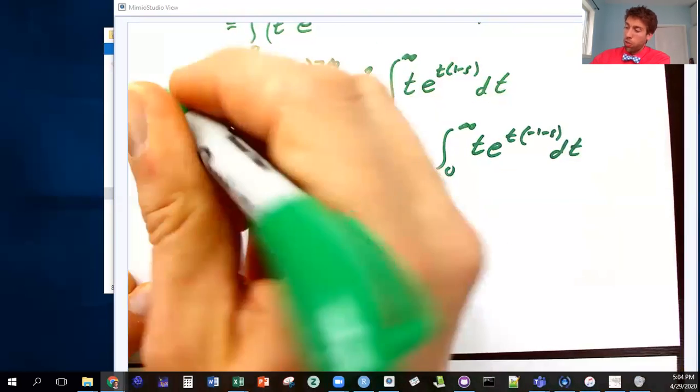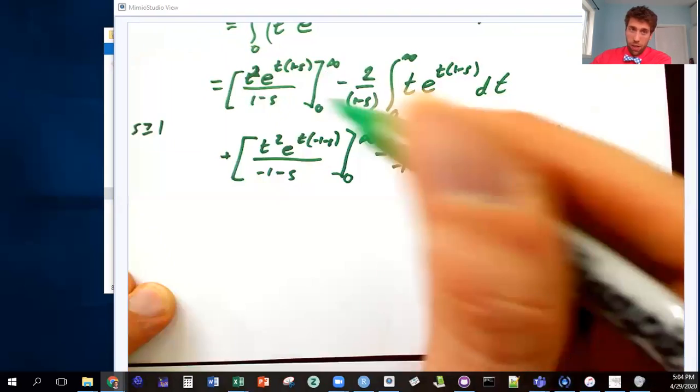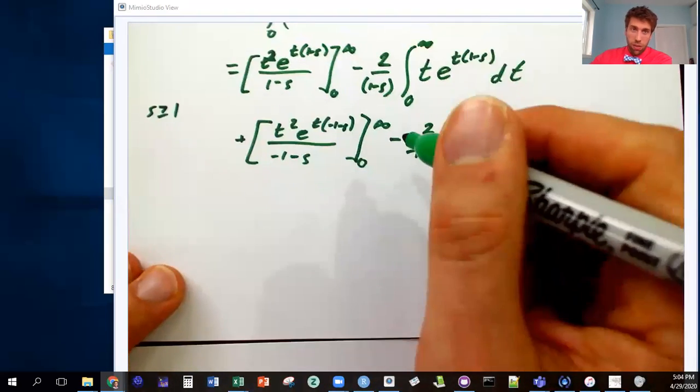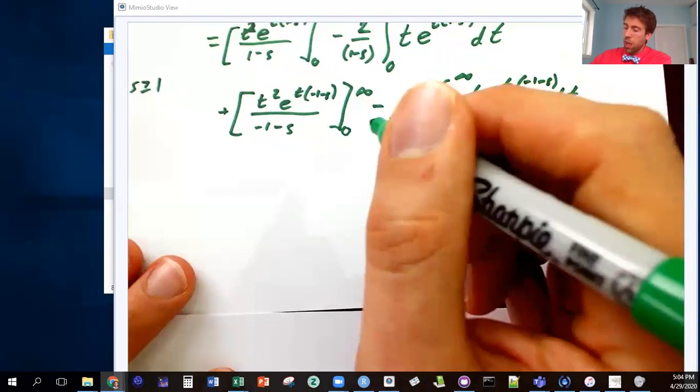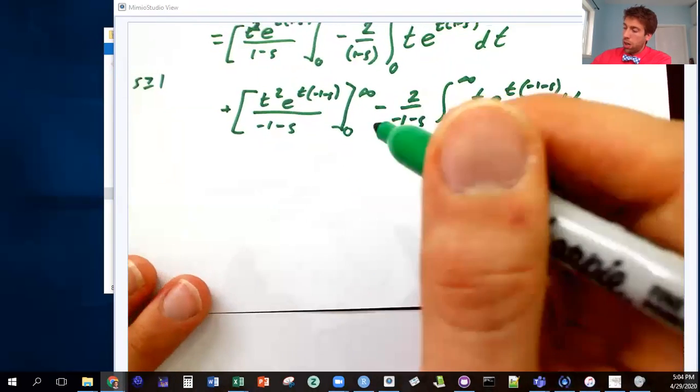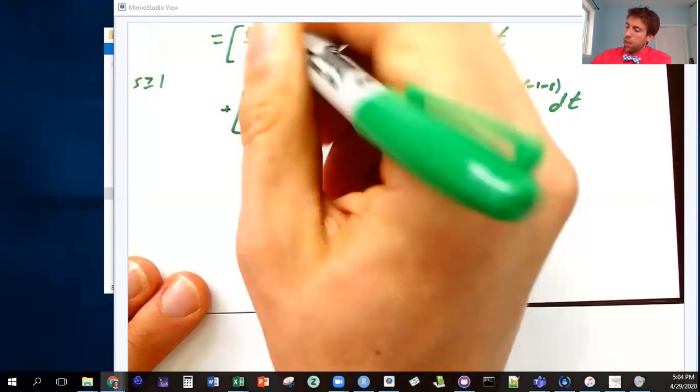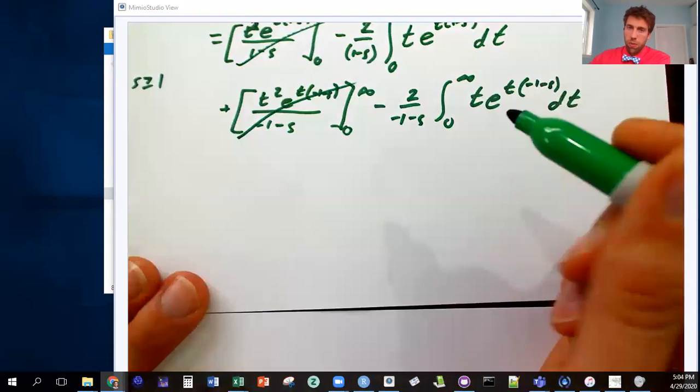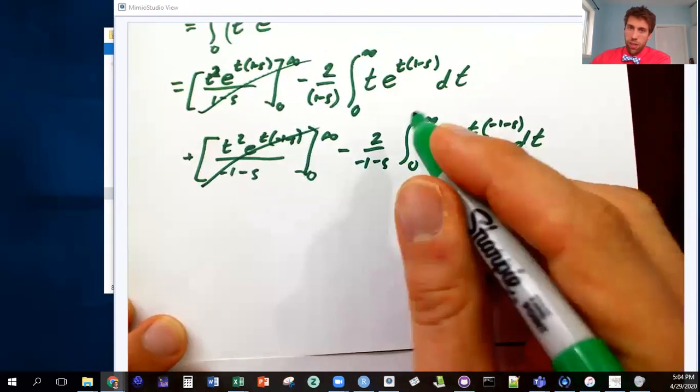So both of them, s is greater than 1. Otherwise, it goes off to infinity. So forget about these terms, they both equal 0. And now I'm going to integrate here.